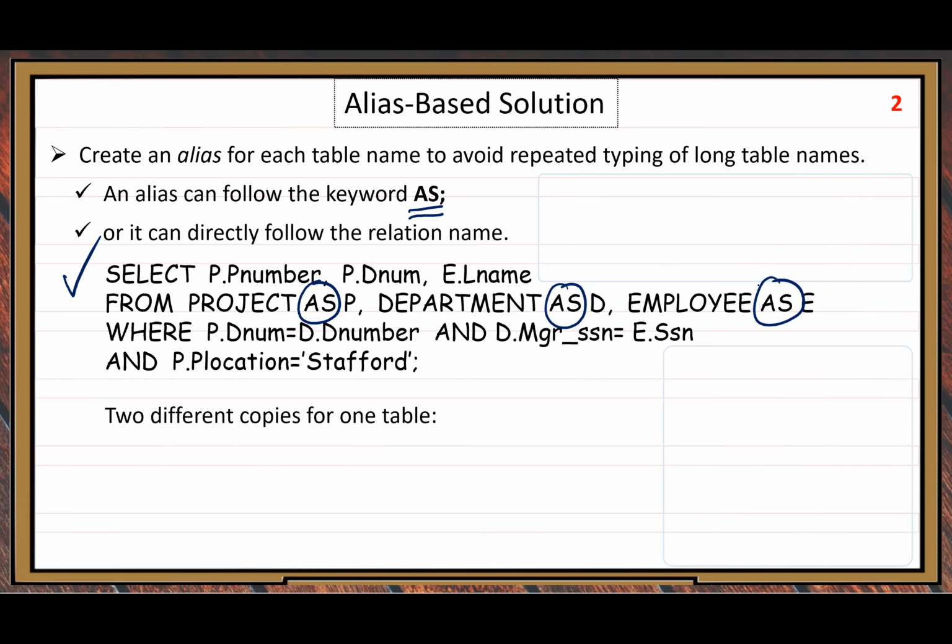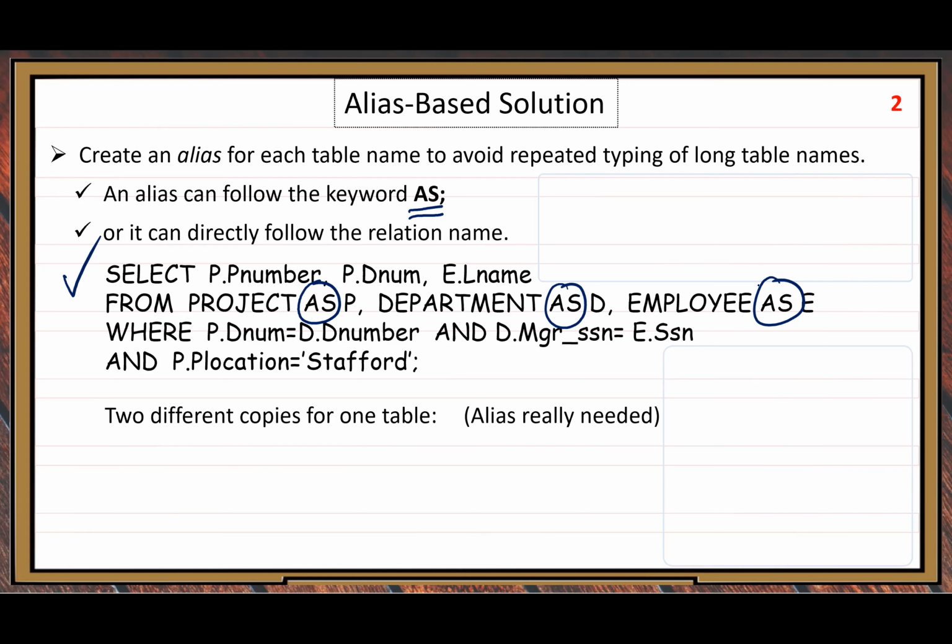Yeah. So that's your own choice. So if you feel I don't have any problem on the readability, you can omit. If some other people feel that if I put as, it can make me feel better, more readable for the logic. Yeah, so you have the freedom to choose that.